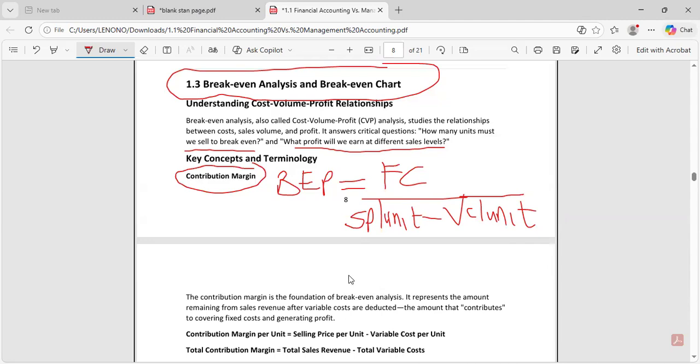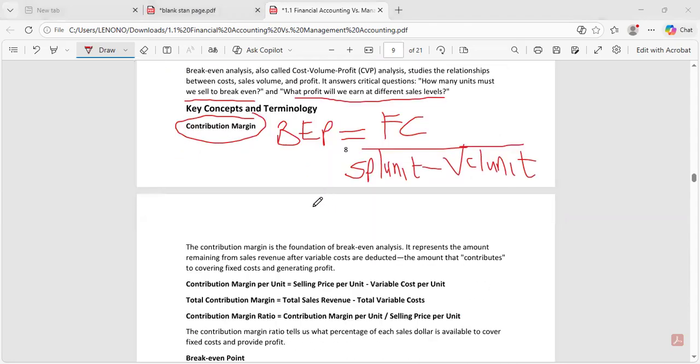All right, so the concept and terminology: the contribution margin is the foundation of break-even analysis. It represents the amount remaining from sales revenue after variable costs are deducted.